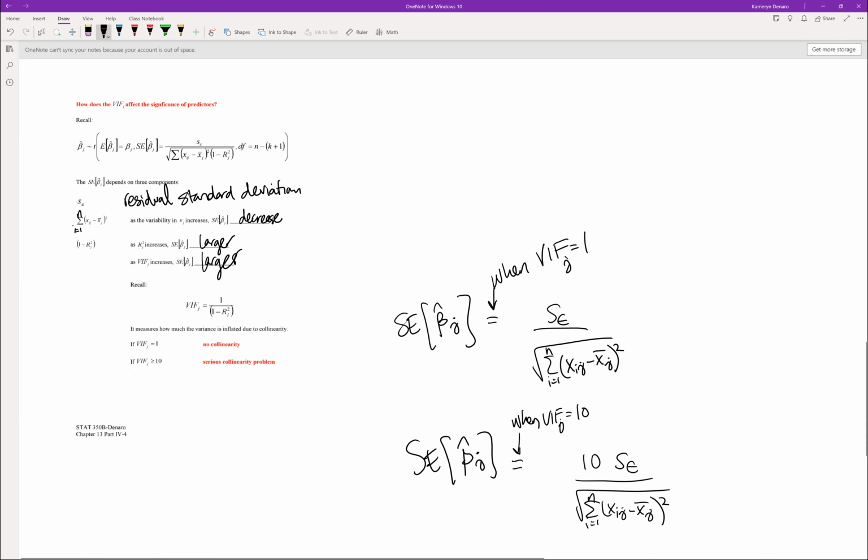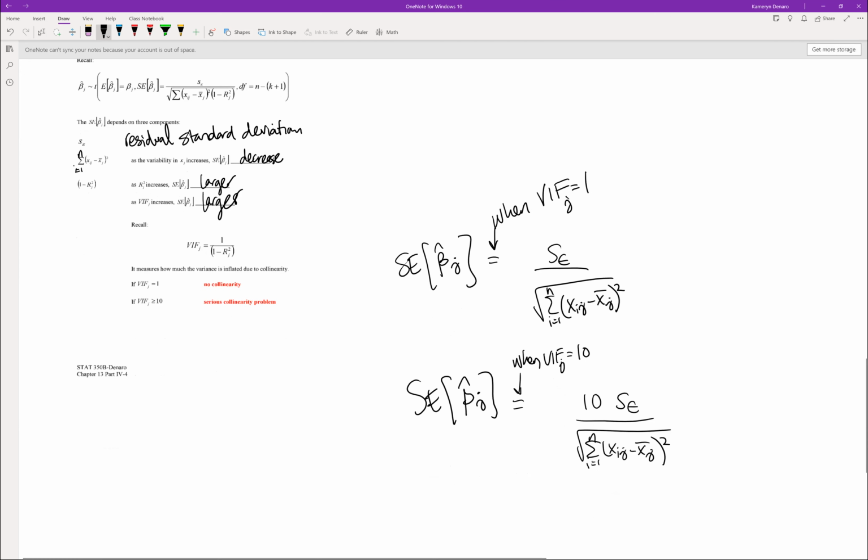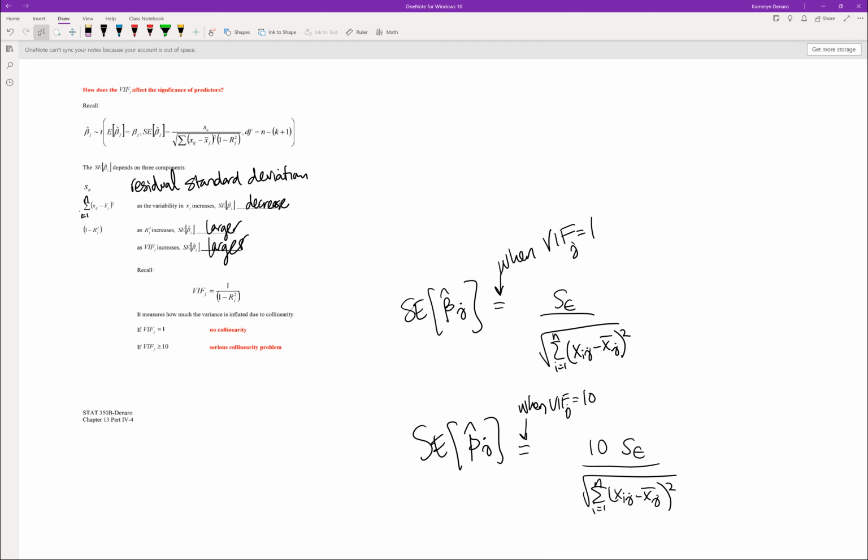So really the best thing to do in a model is to make sure that your variables don't have a high variance inflation factor, so that you can make good predictions about whether or not your predictors are significant.